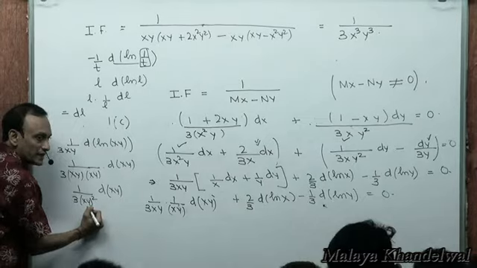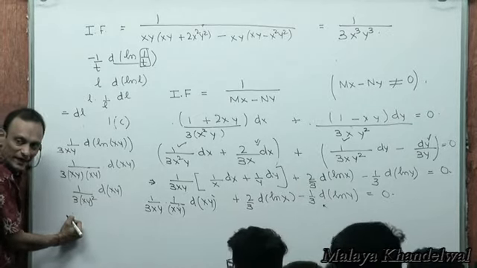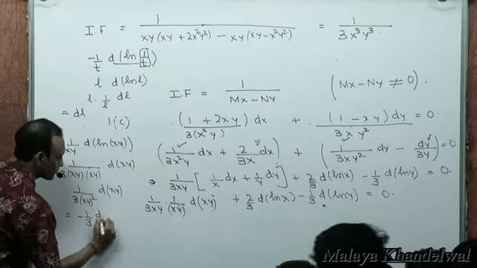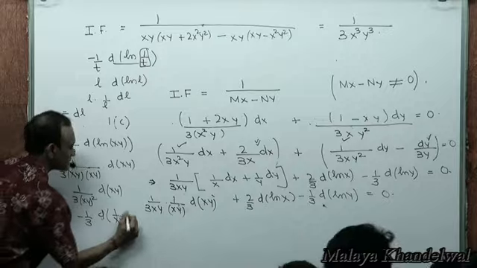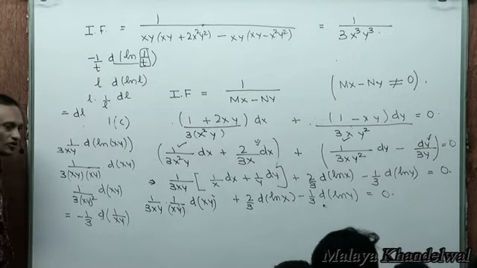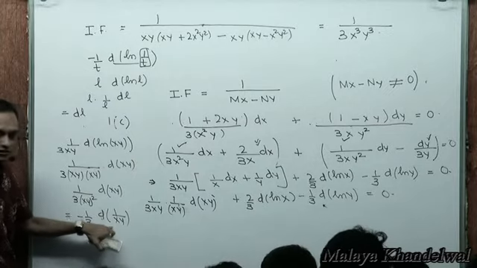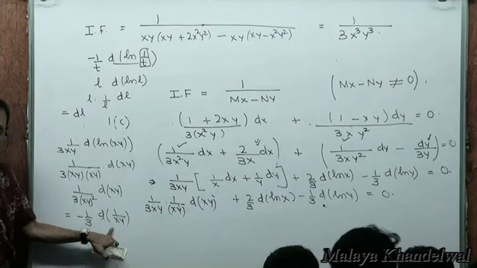dt by t squared is d of minus 1 by t. So this is minus 1 by t. This is d of 1 by xy, isn't it? Yes or no? So this is minus 1/3 d of 1 by xy. Perfect differential? Yes or no?